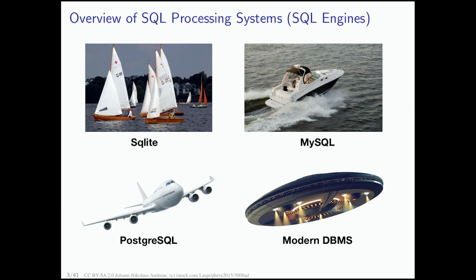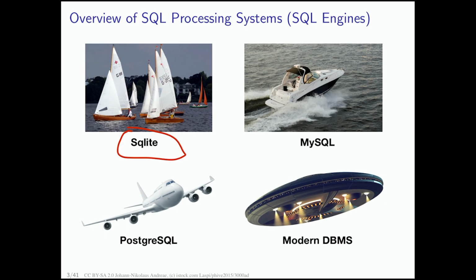When you look at relatively simple systems like SQLite, which is a great system, don't get me wrong, it's more comparable to a yacht, like a sailing boat. Not so fast, but it does the job. You can get so far with that, but it's not that fast. But probably it's good enough for many tasks. Actually, SQLite is the default engine in many web frameworks like Django, for instance.